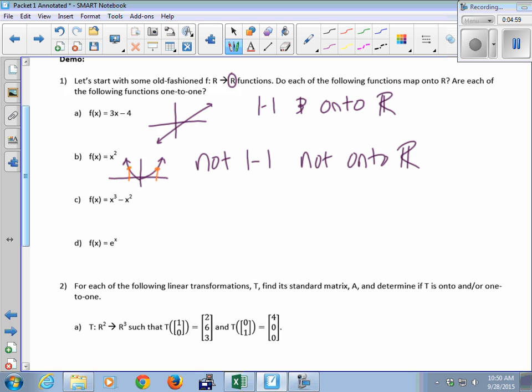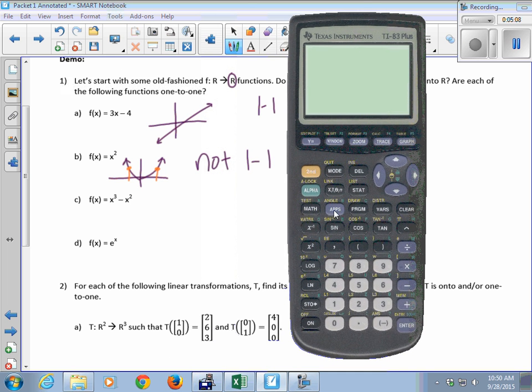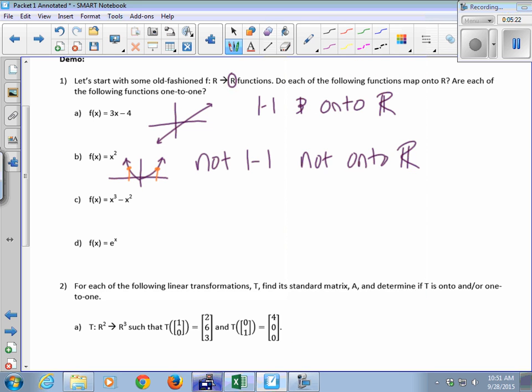Okay, x cubed minus x squared. I could, but I don't really care. I just want to know what the graph looks like. So I'm just going to have my calculator give me a picture of it. Why doesn't it map onto R? No, that has to do with why it's not one-to-one.